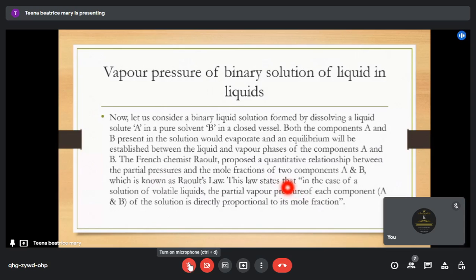Suppose the vapor pressure increases, then the mole fraction also increases. So it is directly proportional.